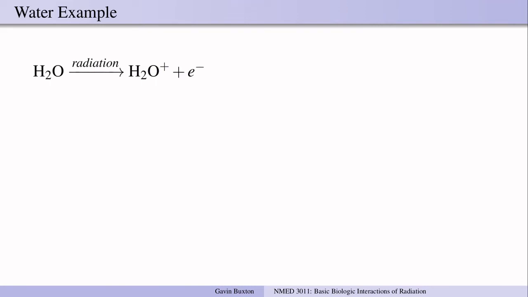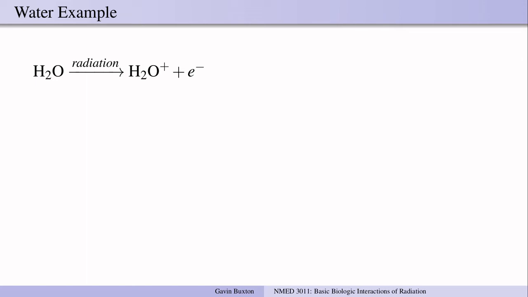Let's go through a quick example of this with water. So the ionizing radiation ionizes the water molecule. It basically takes an electron away from that water, and in doing so, it produces an ion radical. Now, an ion radical is both an ion, which means it's lost an electron or possibly gained an electron, and a free radical, which we'll talk about in a second. And of course, there's an electron produced as well.